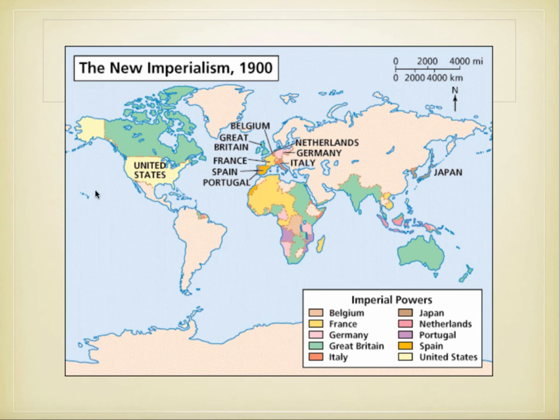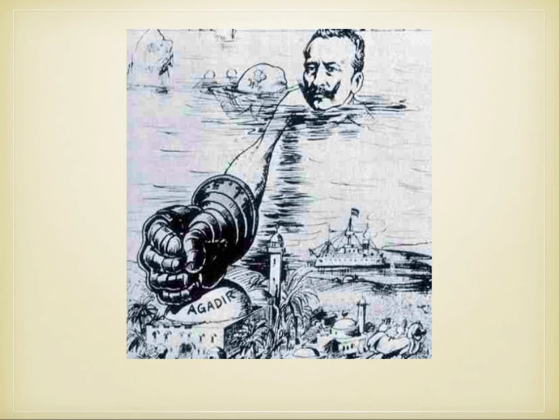One area that we should point out to you is what is known as the Moroccan crisis between Germany and France. As early as 1904, there was an agreement between Britain and France called the Entente Cordiale that recognized the French control of Morocco in northern Africa.